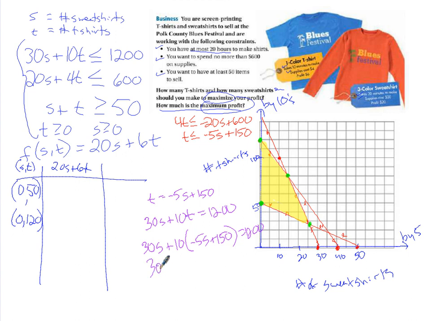Distribute: 30s minus 50s plus 1500 equals 1200. Combine like terms: negative 20s plus 1500 equals 1200. Now I subtract 1500 from both sides, and I get negative 20s equals negative 300. I divide both sides by negative 20, and I get s equals positive 15.